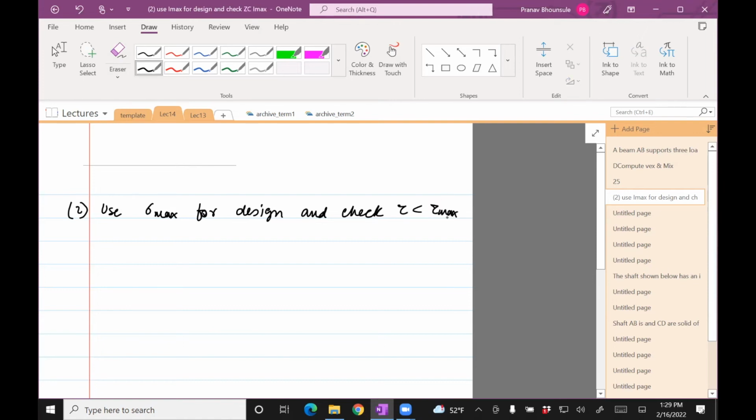Okay, so if you put sigma max in the formula, we have sigma max equals 6M max divided by BD squared. So sigma max is given to us. That's the maximum stress which is dependent on the material, and it's given to be 1800 psi.